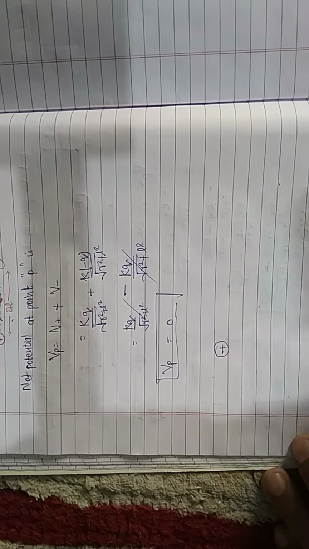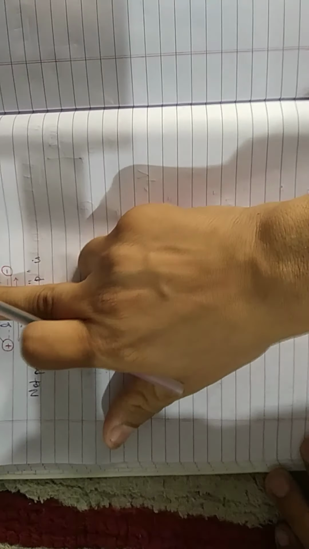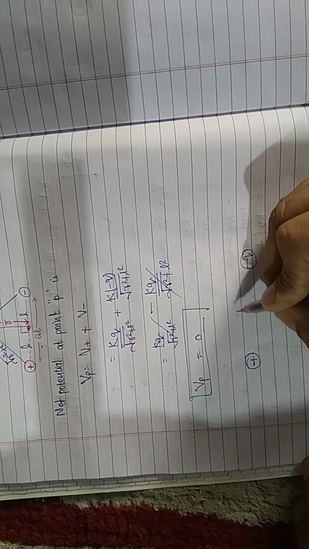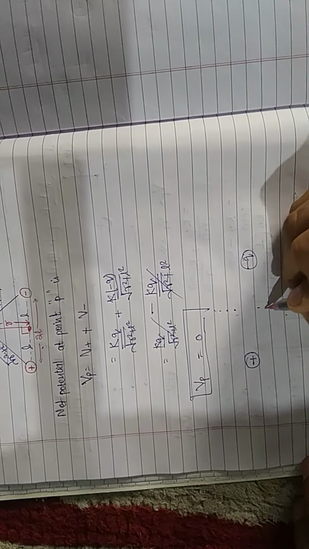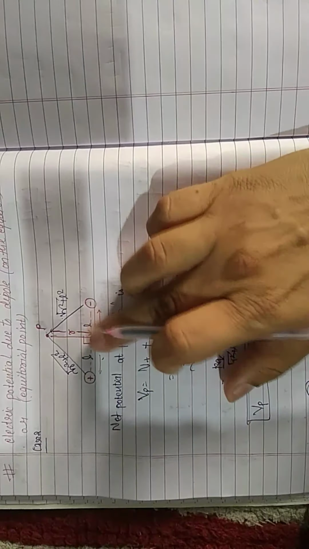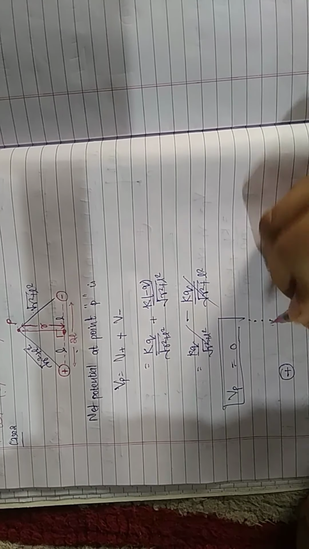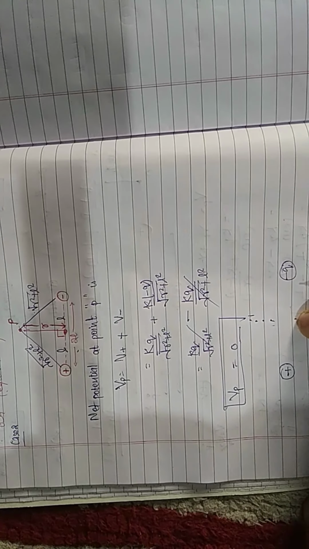Suppose we have a positive charge here, we have a negative charge here. This point is perpendicular. Suppose I have a point here, anywhere, either in the upward direction or downward direction. These are the many points. If I choose a point anywhere, the potential over here is 0.